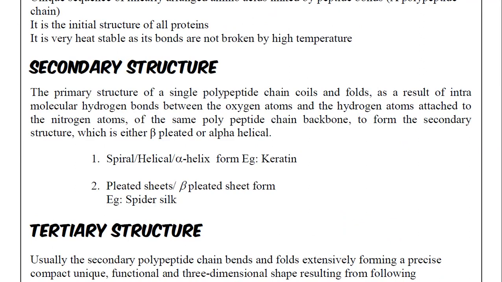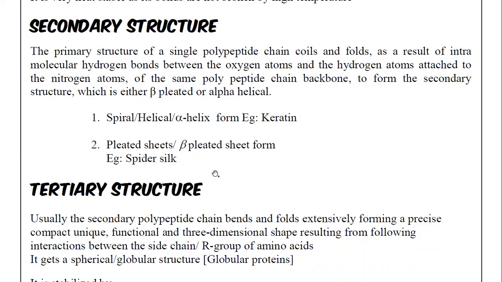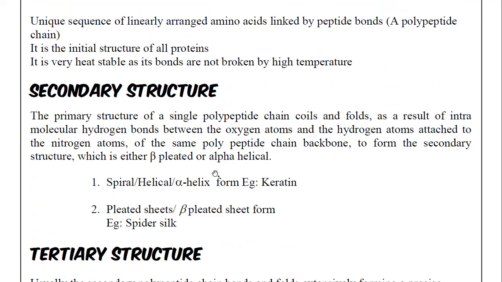That beta is compulsory. That alpha is compulsory. Understood? Yes. Okay. Without alpha, without beta, you will not get score there. So that is secondary structure.